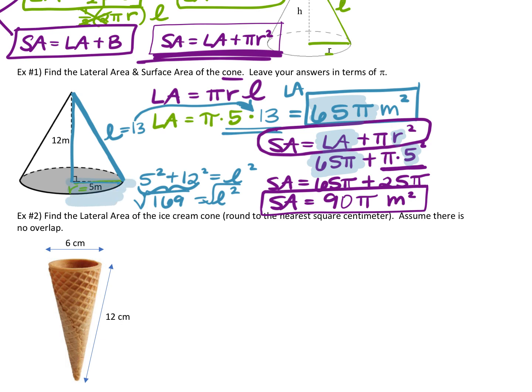That's this 5 over here. So you're doing pi times 5 squared. 5 squared is 25. So it's 65 plus 25 is 90. And then you attach your pi. So 65 pi plus 25 pi is 90 pi. It's like saying 65 apples plus 25 apples is 90 apples, right? Don't ditch the apples, so don't ditch the pi.